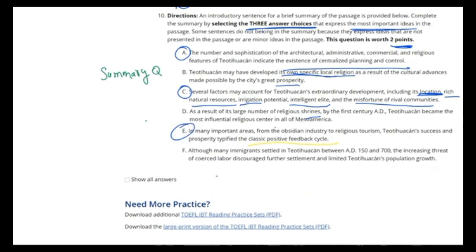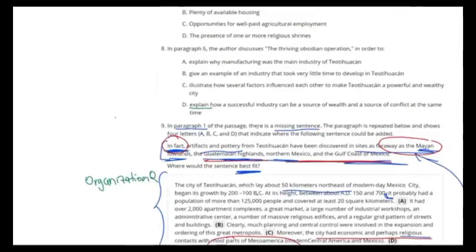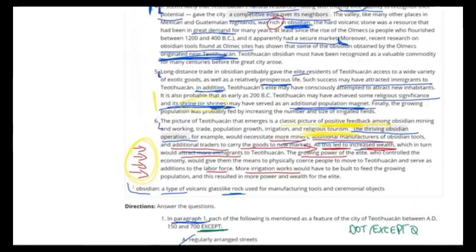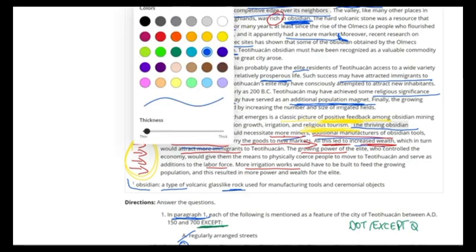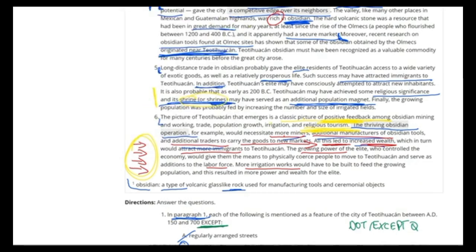Let's have a look at F, just to be sure that we can eliminate it. Although many immigrants settled in Teotihuacan between AD 150 and 700, the increasing threat of coerced labor discouraged further settlement and limited population growth. So if we go back to the last paragraph, you see that they talked about people being coerced.